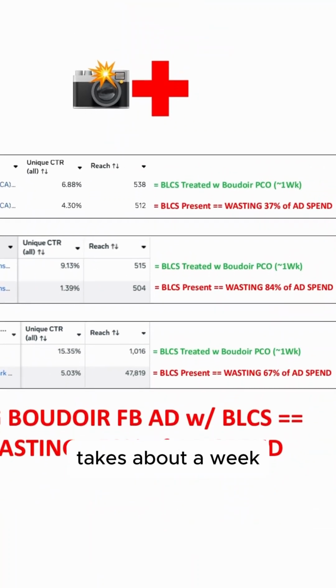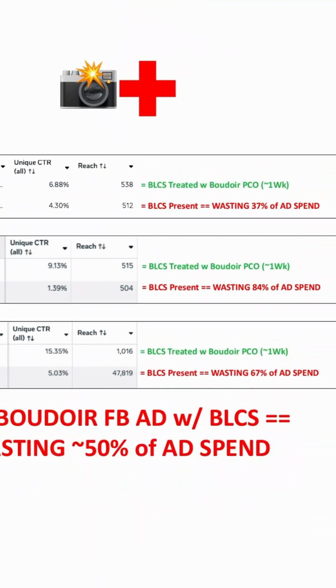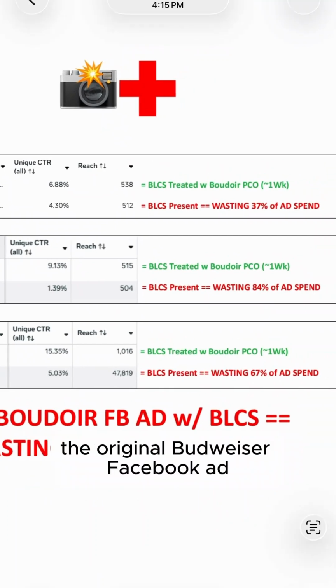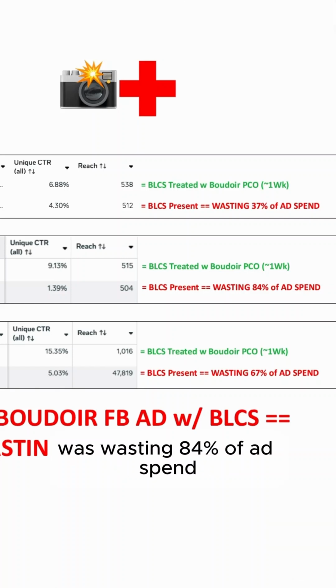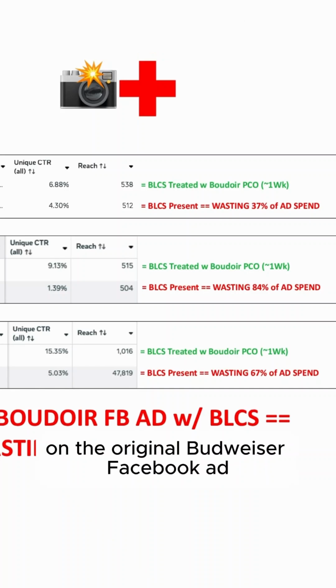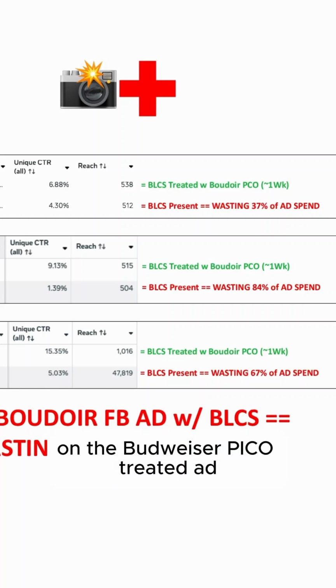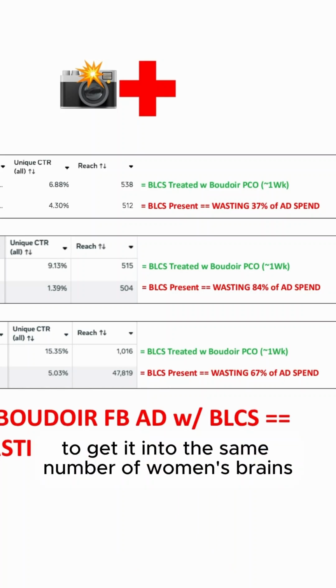It takes about a week, and we got the unique CTR all up to 9.13%. So we found out the original Boudoir Facebook ad was wasting 84% of ad spend. If they're spending 10 grand a month on the original Boudoir Facebook ad, now they only need to spend 1.6 grand a month on the Boudoir Pico treated ad to get it into the same number of women's brains.